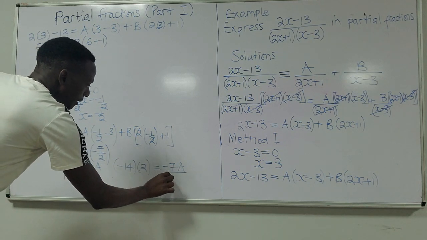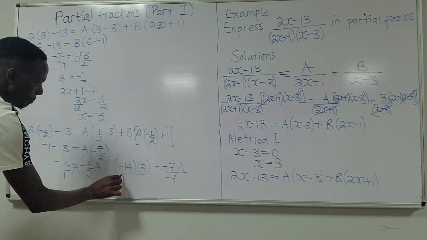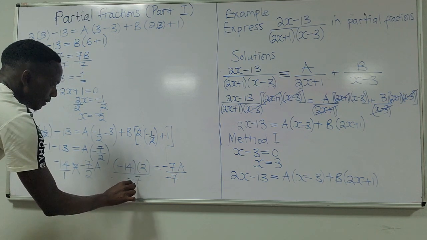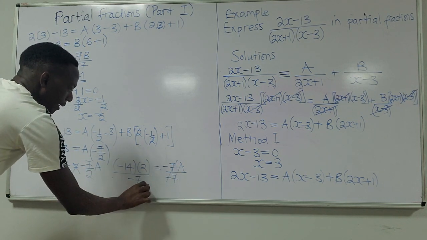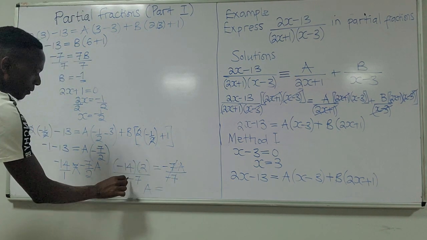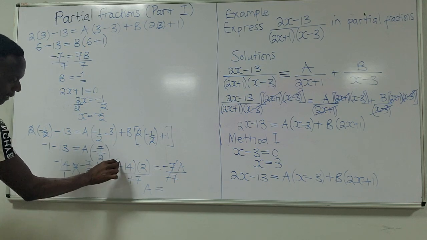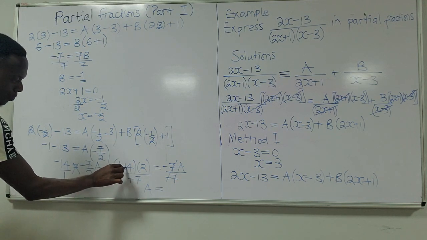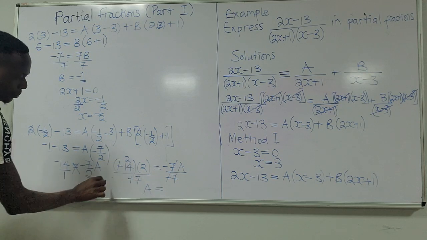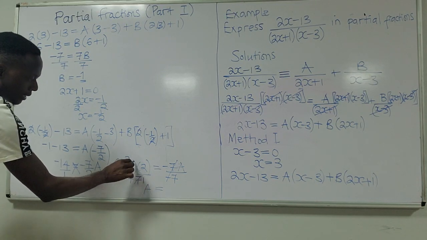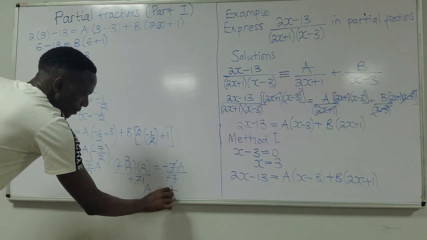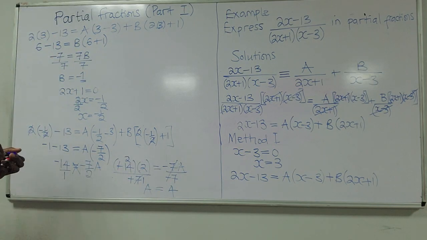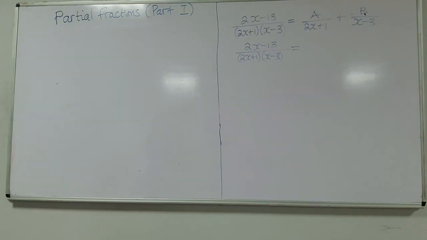Then I divide by negative 7, I divide by negative 7. My a will be equal to, so we can see that 7 into 14, we're going to get 2. 7 into 7, 1. 2 times 2 gives us 4. So that means that our a is 4.